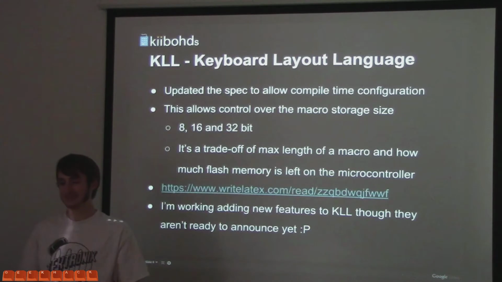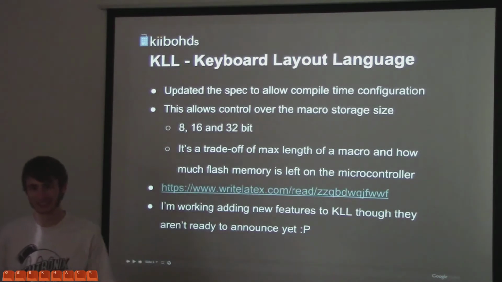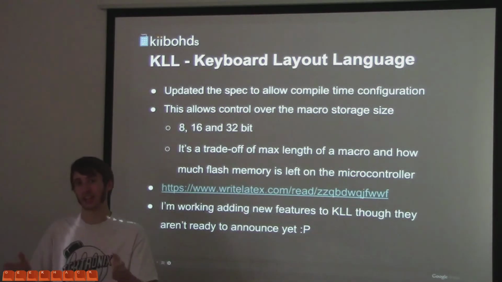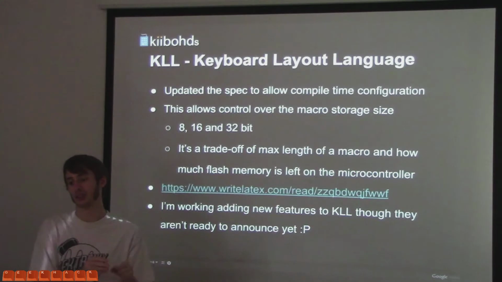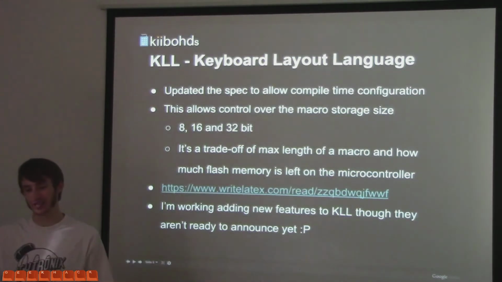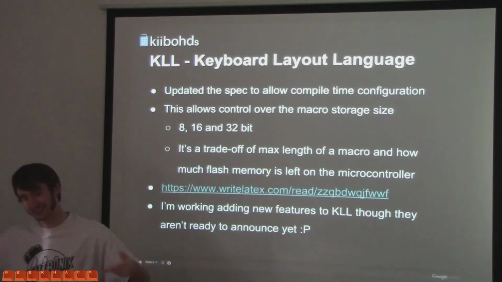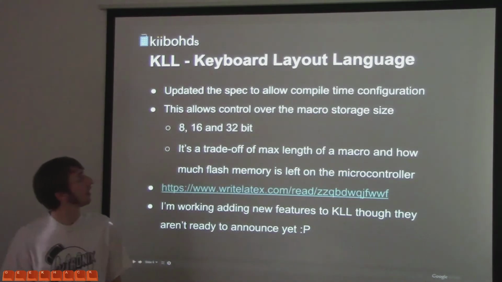And 32 bits is big. It's basically longer than anything you'd ever consider for a macro. But it's basically 4 times the amount of data to store a single thing versus, say, 8 bits. So I want to make this configurable so you can have a lot of things as opposed to a really long thing.